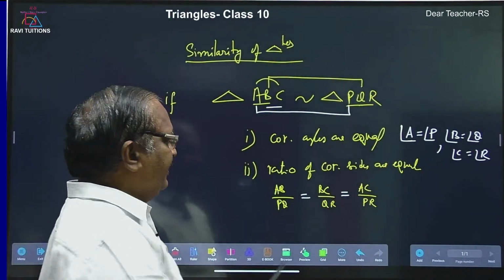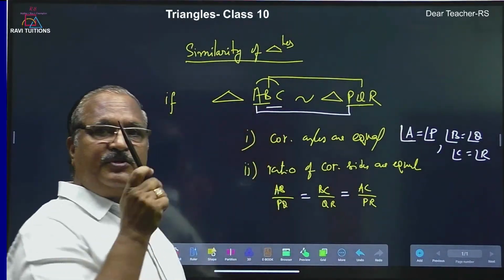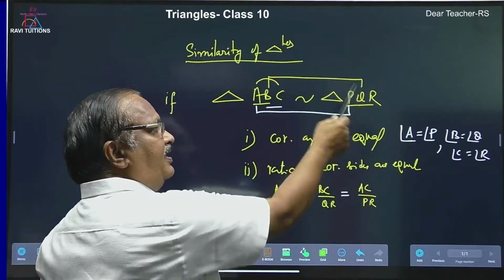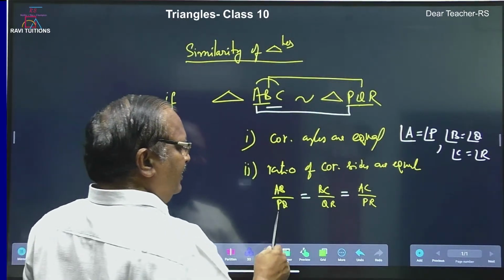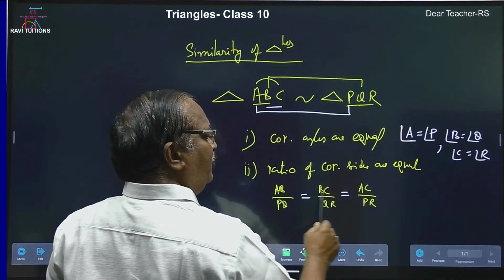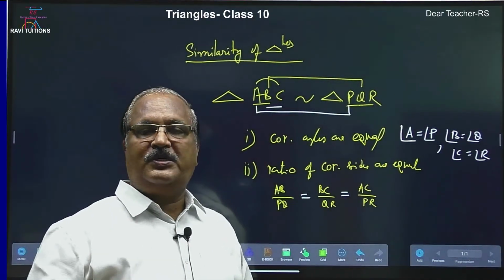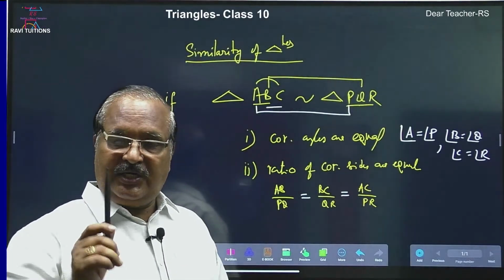Remember, all the denominators should belong to the same triangle, either the first triangle or the second triangle. It should not be the other way. All the denominator sides should belong to one triangle, and all numerator sides should belong to one triangle. This is one of the important points everybody has to remember.